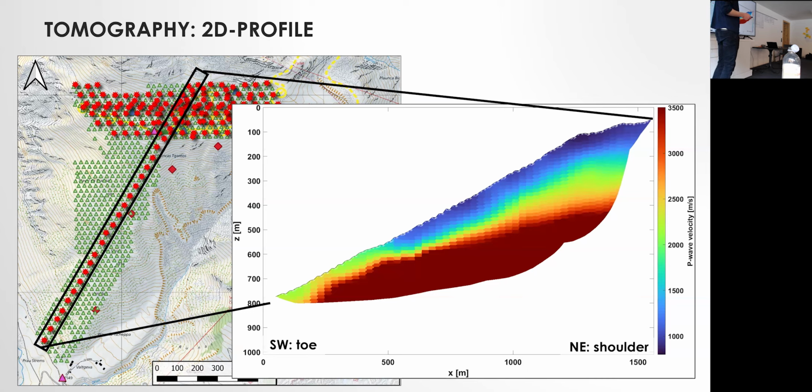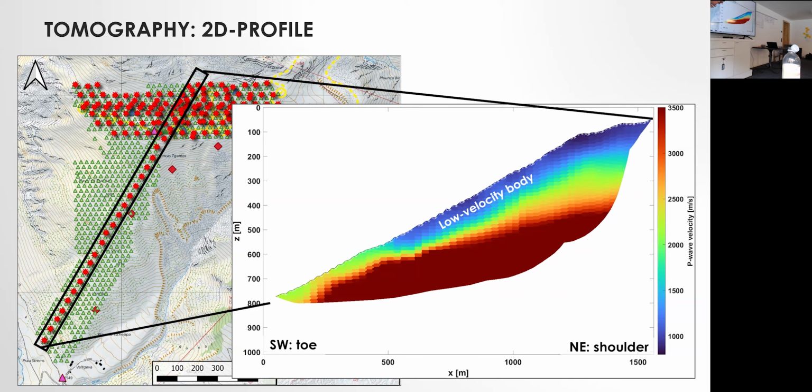In the color scale, these colors range from approximately 800 meters per second, so very damaged and fractured rock, up till, for example, let's say 3,500 meters per second, which is more intact. If we look at the profile, the main feature that stands out is this clear low velocity body.